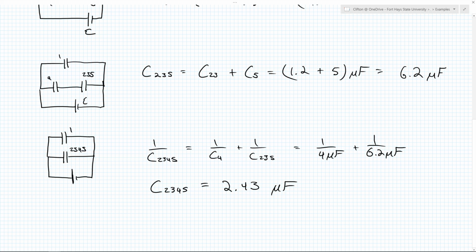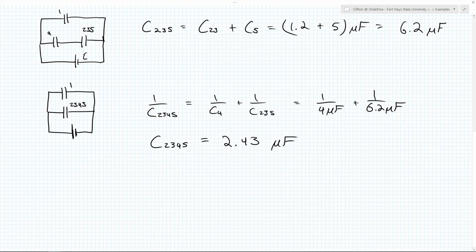And now I'm down to the last two capacitors. Those two are in parallel with each other, so I can combine those two. They're in parallel, so the effective capacitance is just going to be the sum.